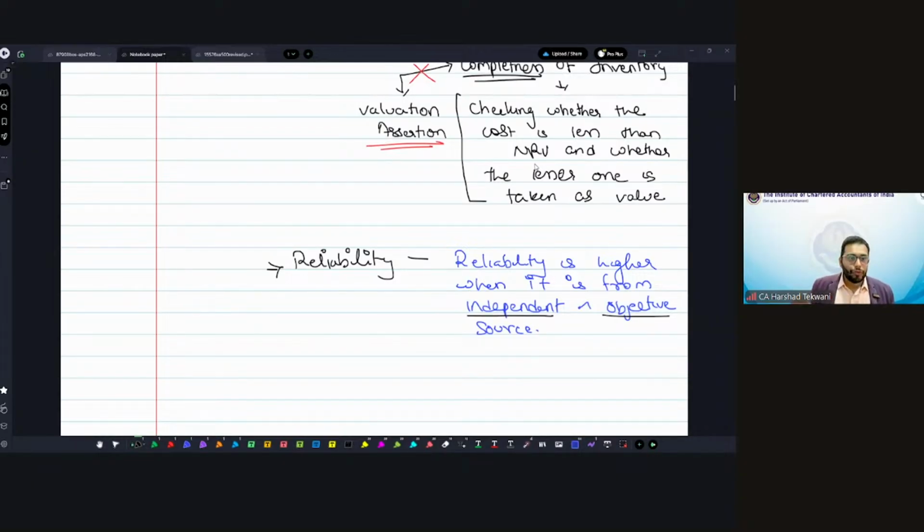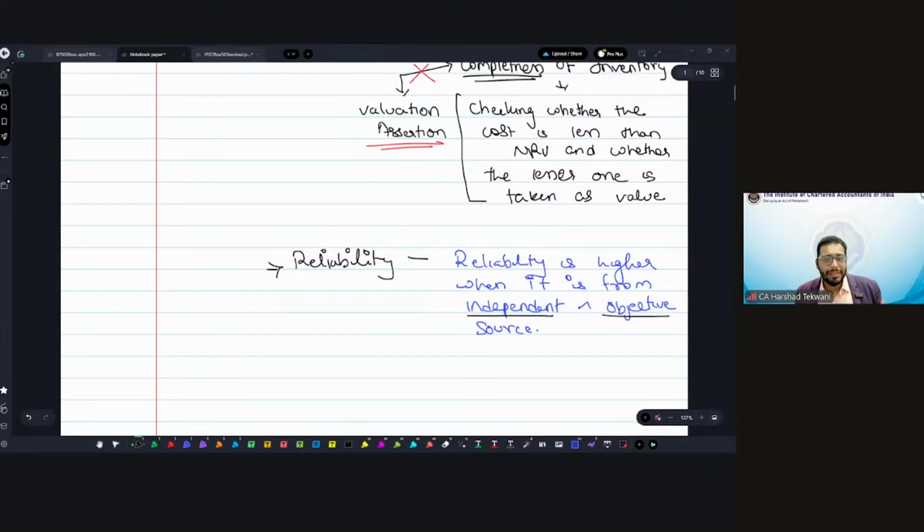You will first get information, and you need to perform some procedures on that information to get the audit evidence. So if I want to use any information for the purpose of audit evidence, what are the things I need to take care of? That is something we need to understand.